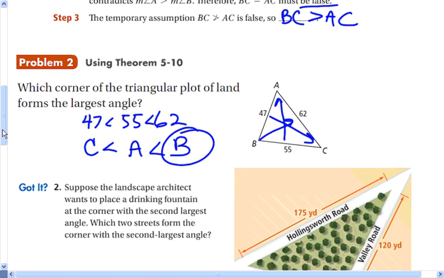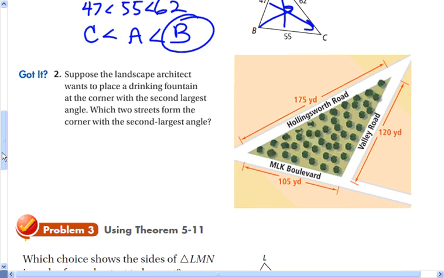All right, suppose a landscape architect wants to place a drinking fountain at the corner with the second largest angle. Which two streets form that corner? So let's just label this here so it makes it easier: A, B, and C. Opposite A is 175, opposite B is 120, opposite C is 105.